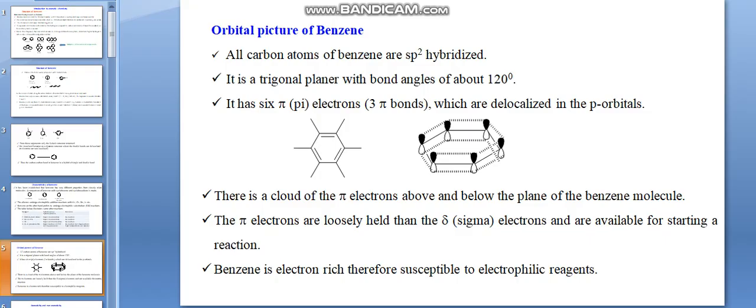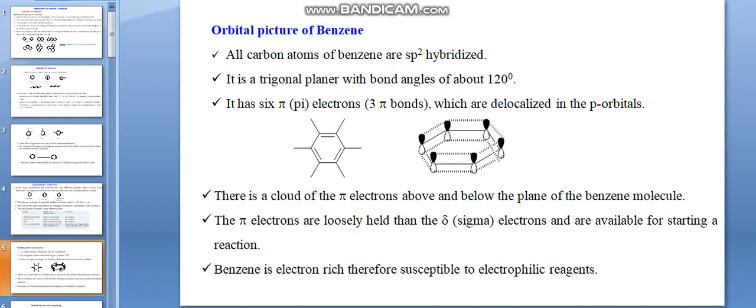There is a cloud of electrons above and below the plane of the benzene molecule. The pi electrons are loosely held compared to the sigma electrons and are available for starting the reaction. Benzene is electron rich, therefore susceptible to electrophilic reagents.